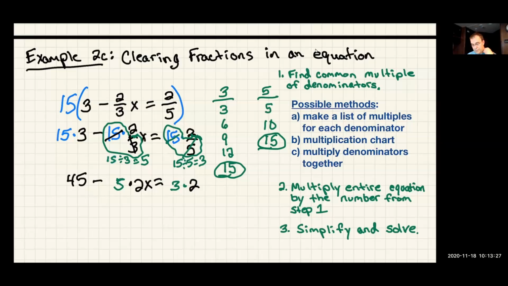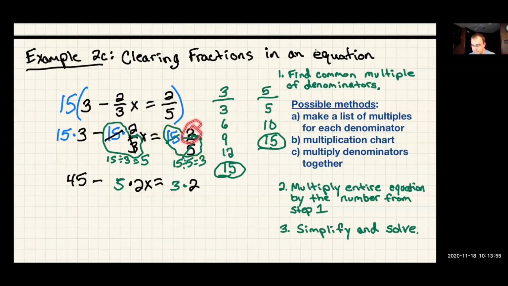All right, so hopefully now you can see a little more clearly what we just did. We got the 45. We canceled out this 15 and divided by 3. Doing 15 divided by 3 gave us the 5 that's right here. Then we had to remember that there was a 2x up there. There it is. This 15 divided by 5 gave me this 3.